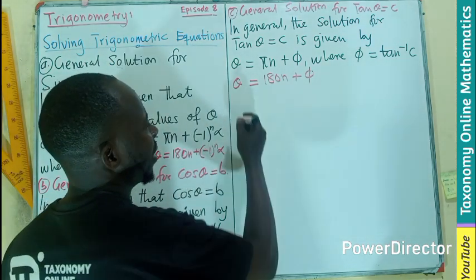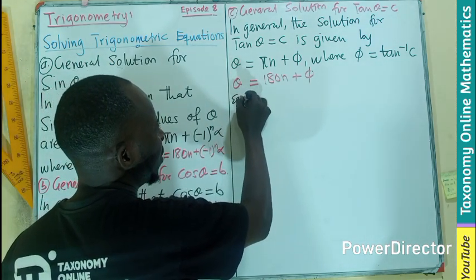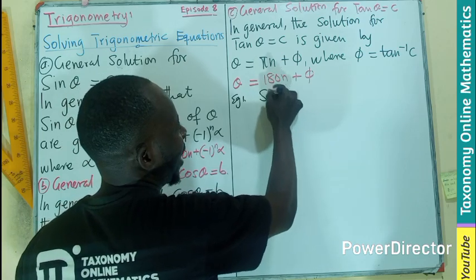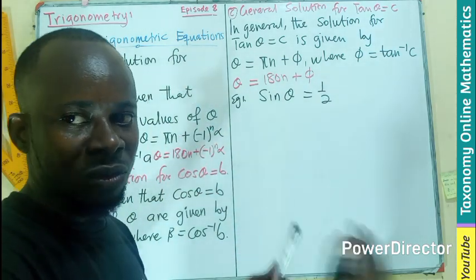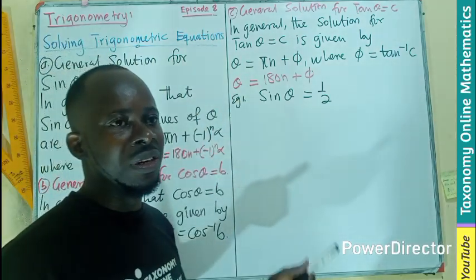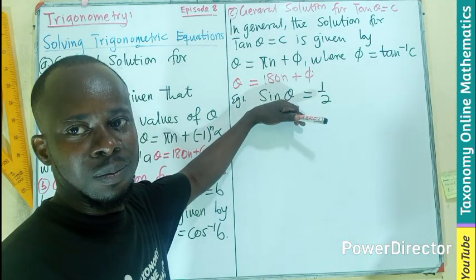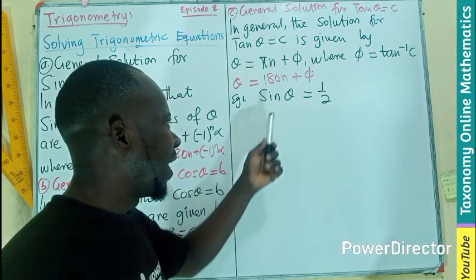Let's see example 1. I solve a question and I'm given this. After solving the trigonometric equation, I've gotten to this stage. What should I do? I need to find theta.